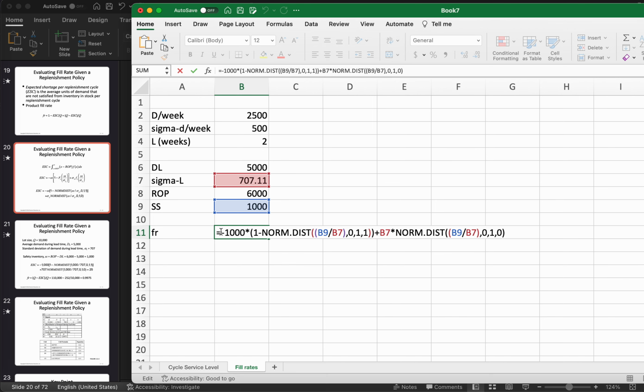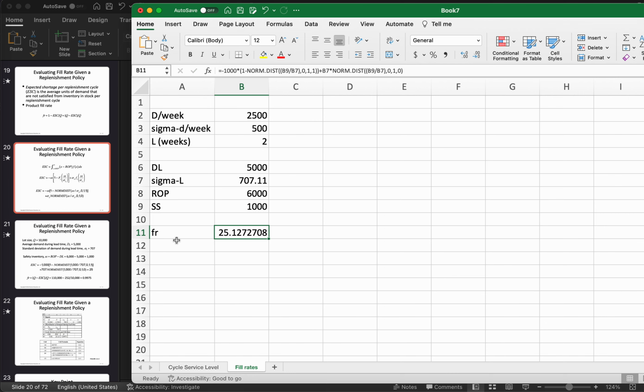Sorry, this is the ES. Let me round this to 0 decimal places. This is the expected shortage. Actually, I'm going to keep the decimal places. It's fine. So this is the expected shortage, and using the expected shortage, we can calculate the fill rate. We know that capital Q is 10,000. We already calculated that based on the EOQ formula.